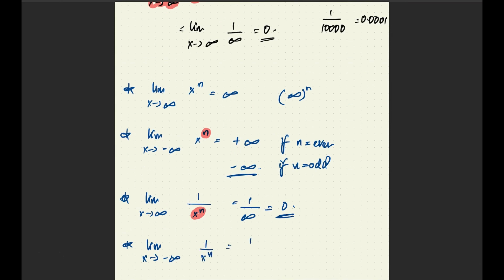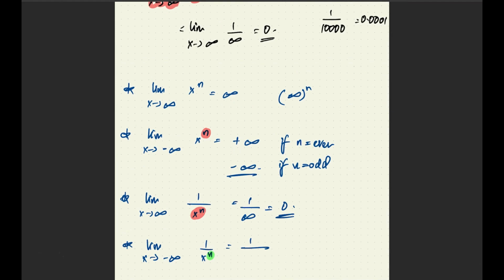So this is just 1 divided by, now when we have minus infinity, we need to be careful of the sign. So it all depends on whether this n over here is even or odd. If your n is even, you're going to have a positive infinity in the denominator. If it's odd, you're going to have a negative infinity in the denominator. But regardless, in this case, we have 1 divided by an infinity.